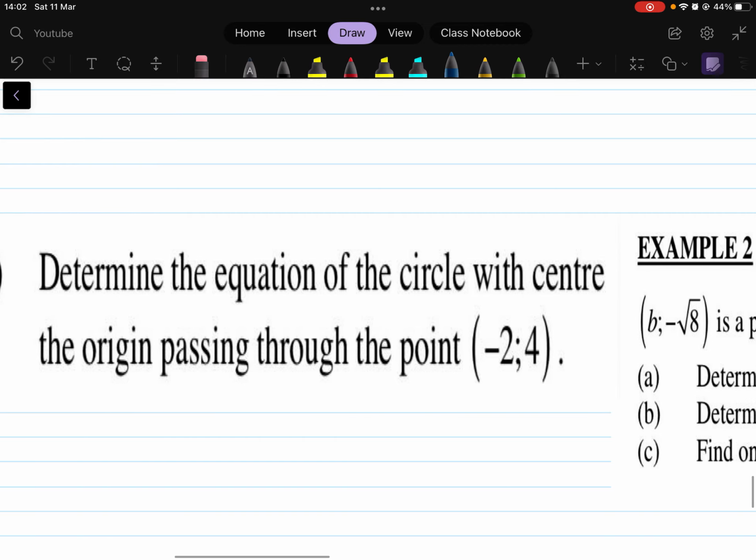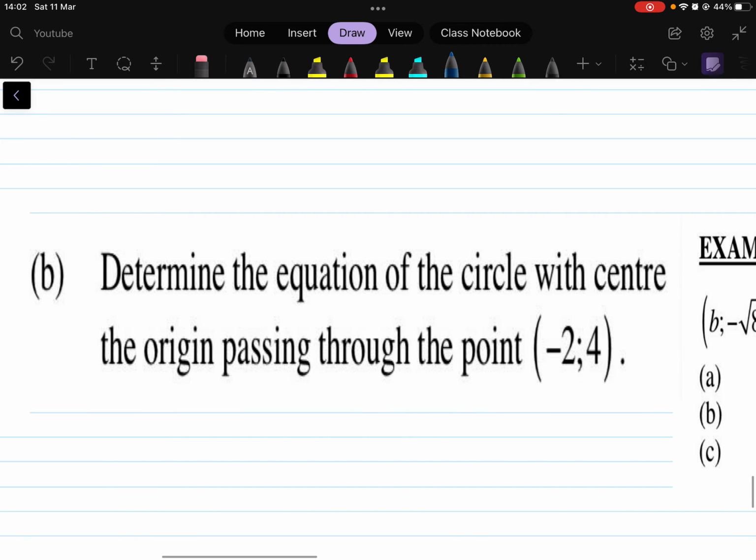Okay, let's look at B. Determine the equation of the circle centered at the origin which passes through the point (-2; 4). Again, because it is a circle centered at the origin, the standard equation is that. We are given a particular point, so we can substitute that point into the equation. When we substitute, we get this, because it has an x value and a y value.